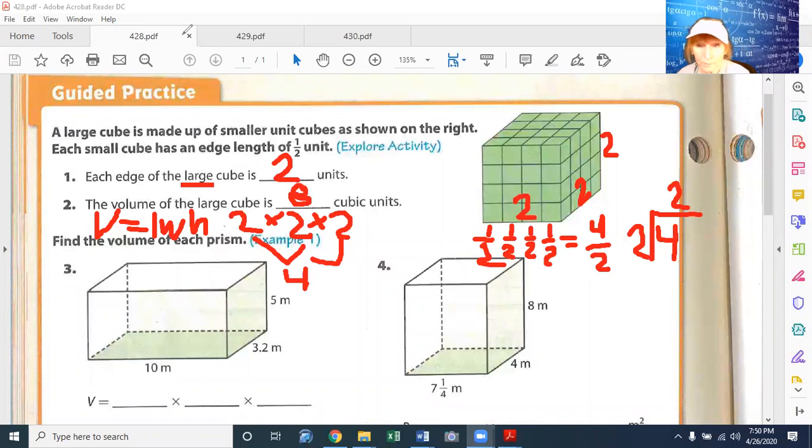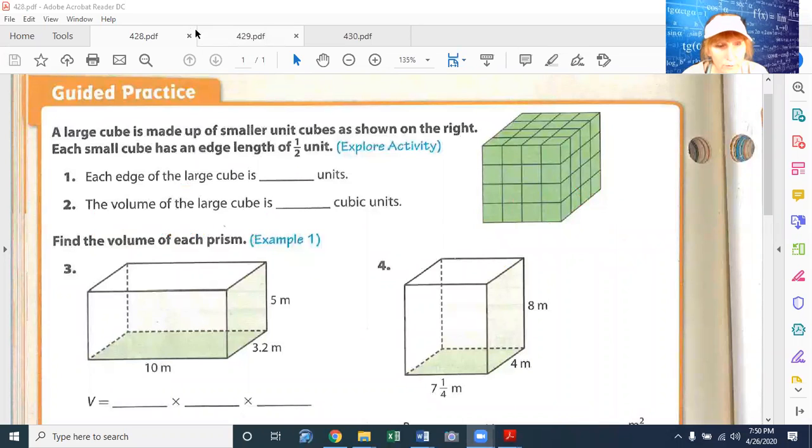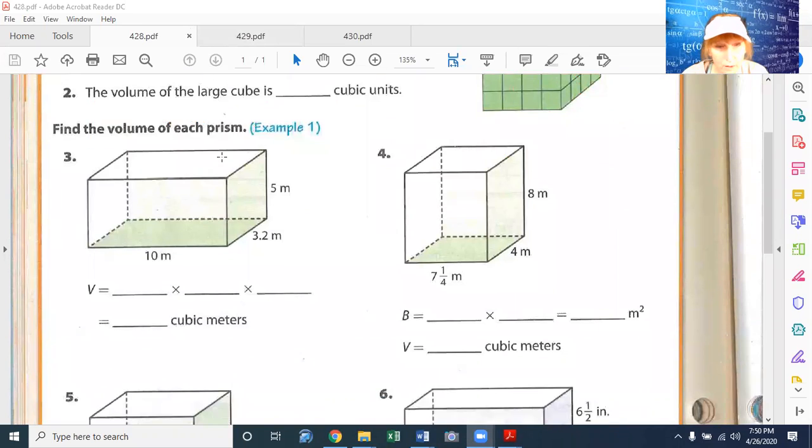So far, so good? Okay, I'm going to clear my screen. So if you need to get this down and pause, go ahead. Okay, let's look at number 3. Number 3 says, find the volume of each prism. Okay, we know that volume is length times width times height. So we just plug in the numbers.